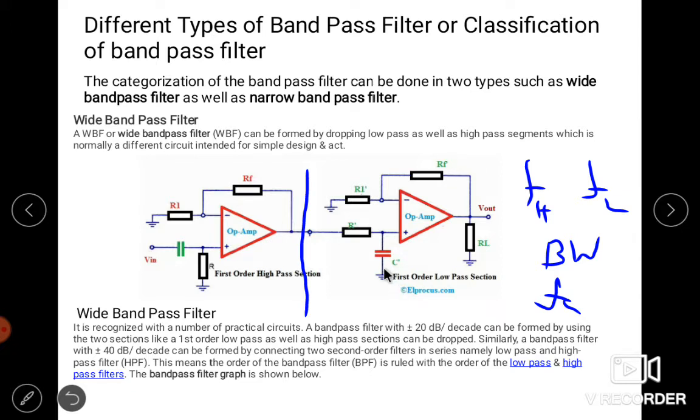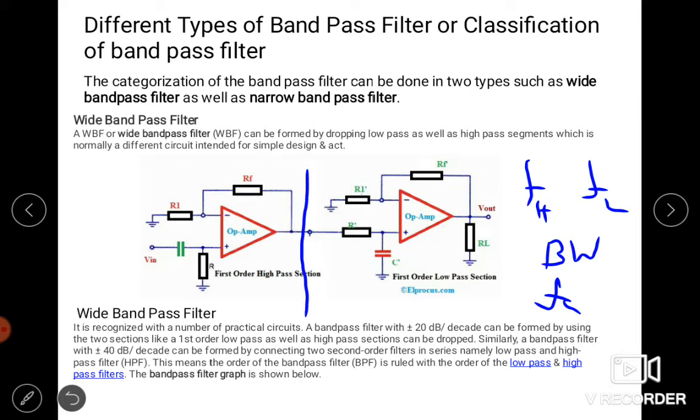The wide band pass filter can be formed simply by cascading high pass and low pass sections. Generally, the choice depends on the simplicity of the design and performance, and such circuits can be realized by a number of possible circuits.